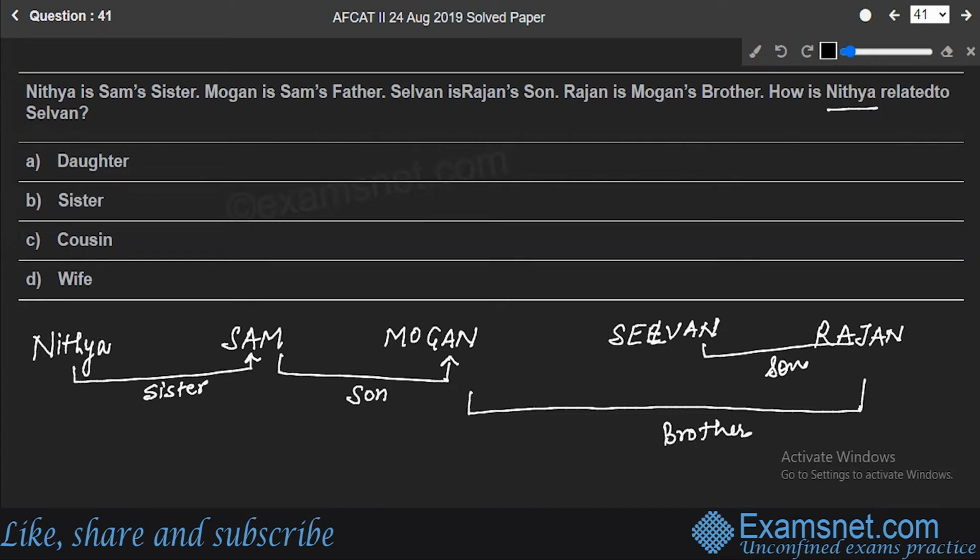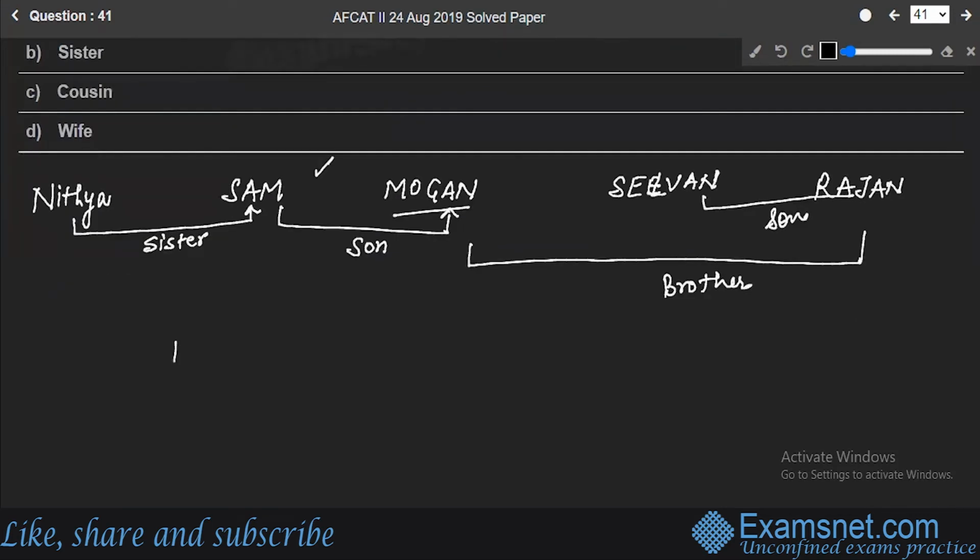So from here you can see that Nitya and Sam, they are brother and sister. Sam is son of Morgan. That means Nitya is daughter of Morgan.